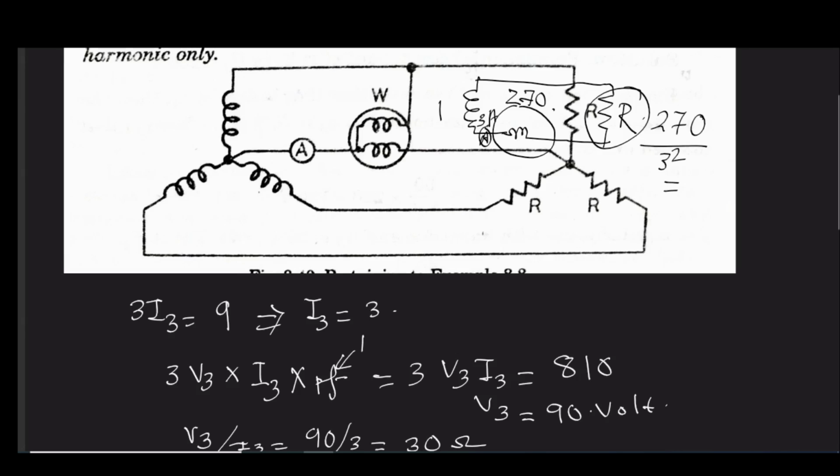You can find out it is 90, sorry, it is 30, right? Now let us consider another problem.